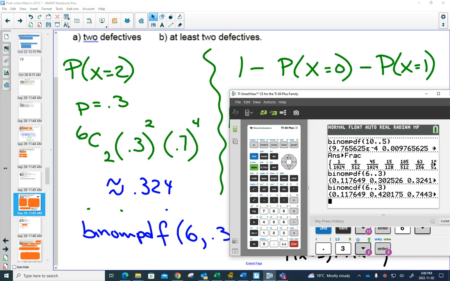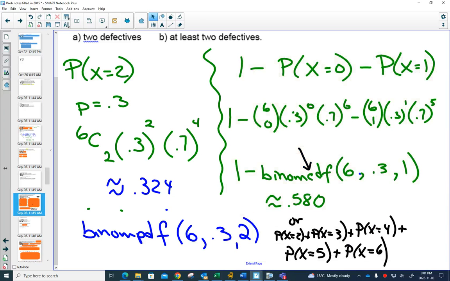My third one, the 0.74, maybe you can see if you added the first 3 up, you would get that 0.74. So the binomial CDF is helpful for questions like this because if you wanted to subtract the first 2, you just have to do 1 minus those first 2.